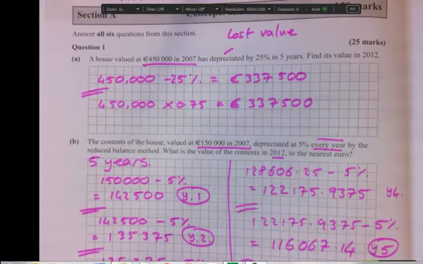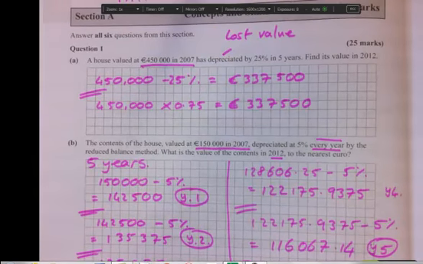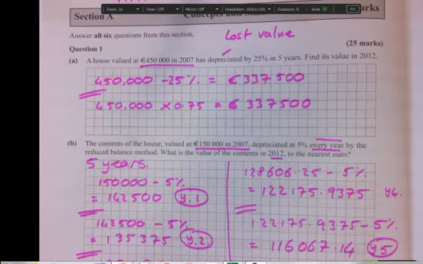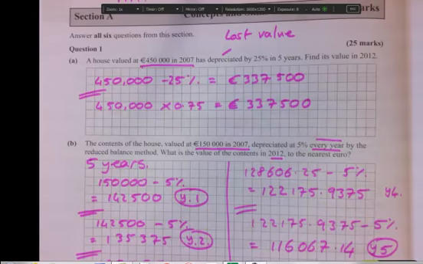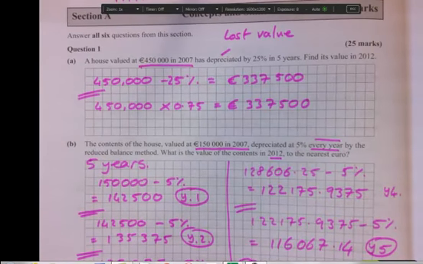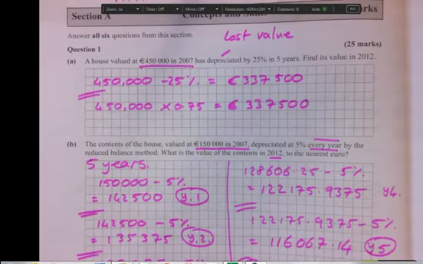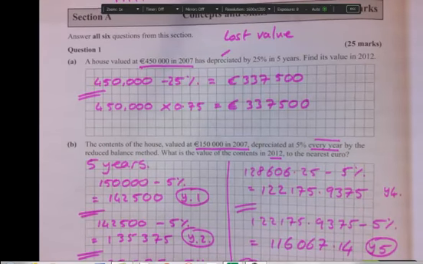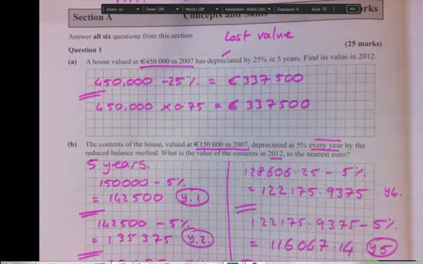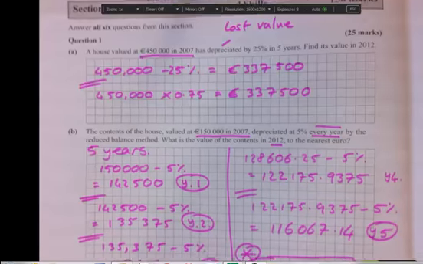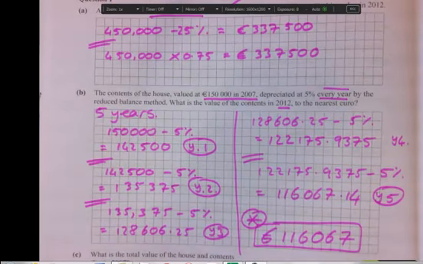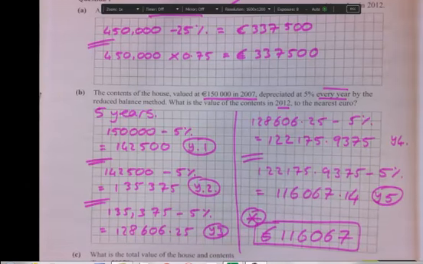Of course, then it asks you what's going on in 2012, and that's where you're going to take your two values. You take your 337,500, that's the value of the house, and you add that to the value of the contents, which is just here, 116,067.